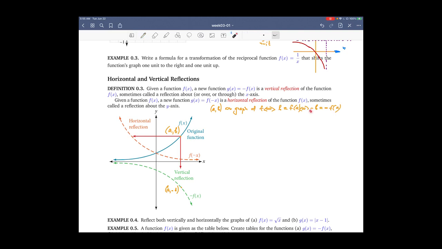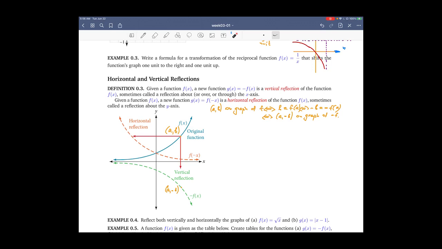And negative b being negative f at a is logically equivalent to the point a comma negative b on the graph of negative f. So once again, placing a minus in front of a function simply reflects the graph of your function about the x-axis.